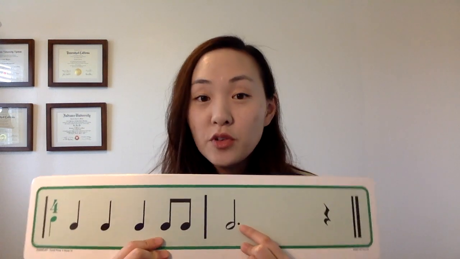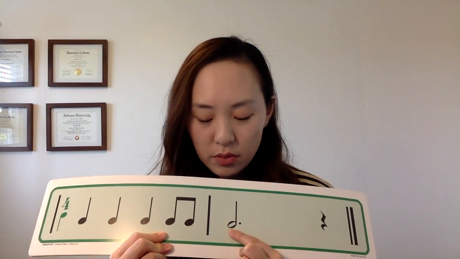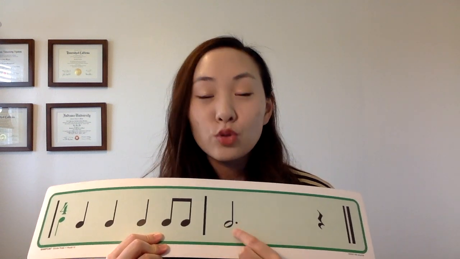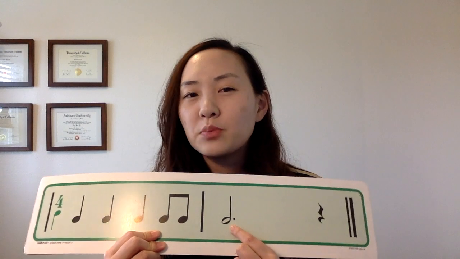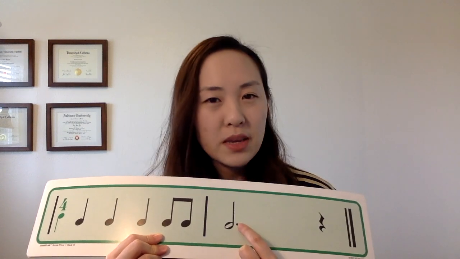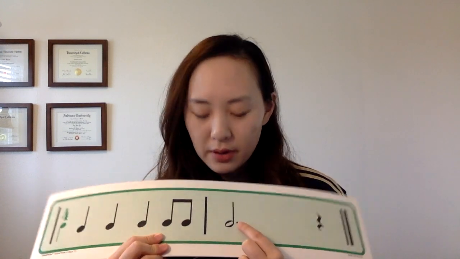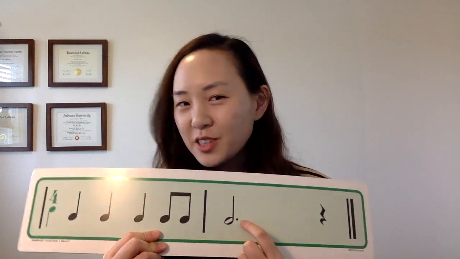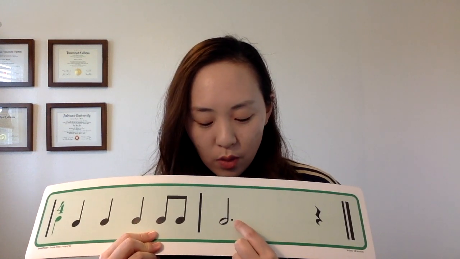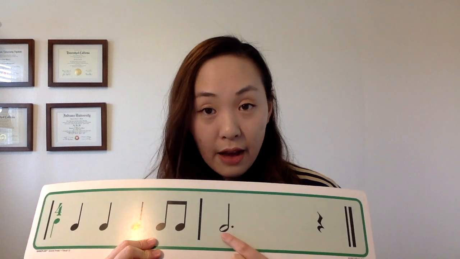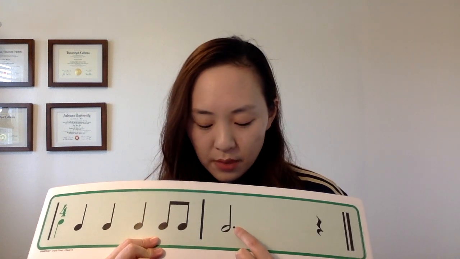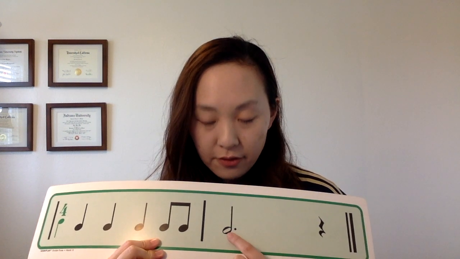Great. So whenever you have a dotted half note, this is a 3 beat, okay? I want to explain to you why this is 3 beats. If you don't understand it, that's okay, but I still wanted to explain it to you because you guys are smart. So there are notes where it's not a half note and there's a dot next to it. But in this case, this is a dotted half note, right?